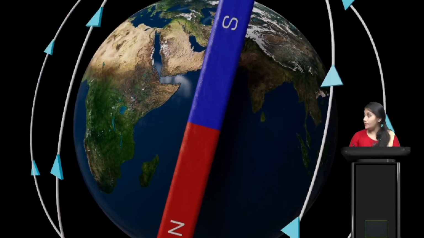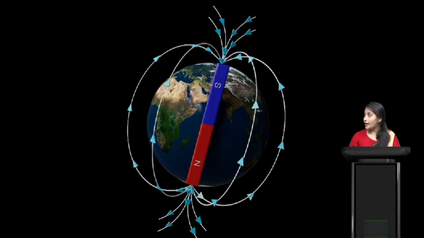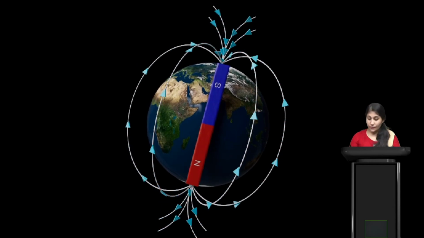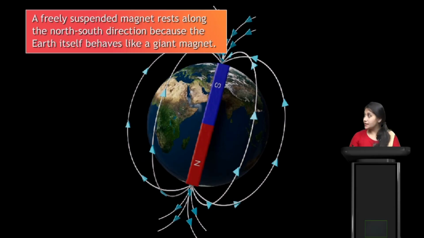See, this one is the magnet, and we can see that even beyond the Earth's surface some magnetic fields are generating, isn't it? Now it is said that a freely suspended magnet rests along the north-south direction because the earth itself behaves like a giant magnet. Giant magnet means the earth itself behaves like a huge magnet.